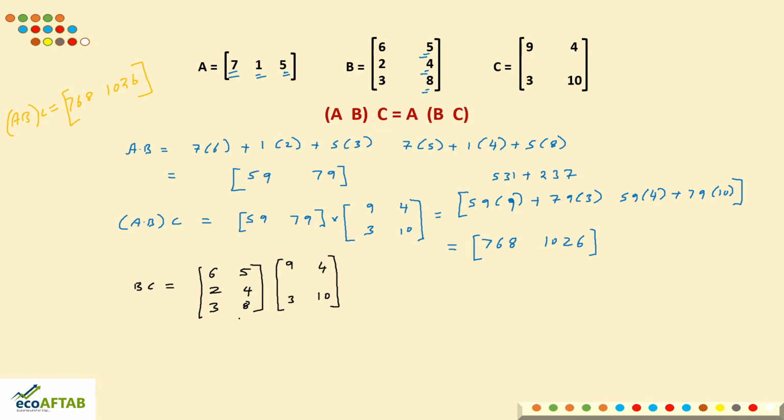Again the conformability is there. These are 2 rows, 2 columns, 2 rows. So it is matching.